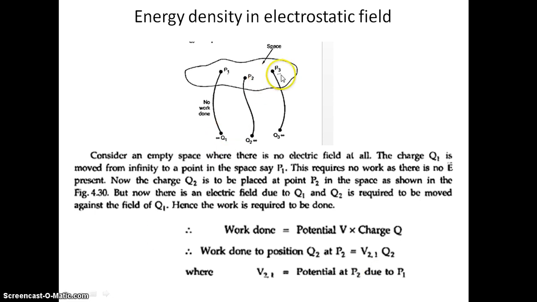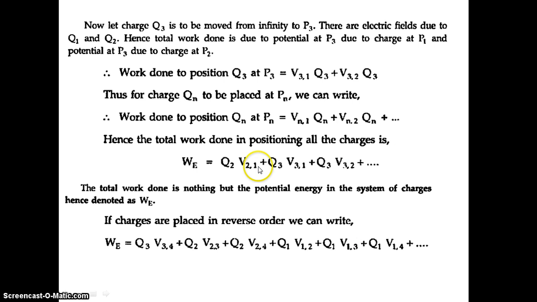Similarly, if you bring a third charge Q3 to the point P3, the work done to position Q3 at P3 will be equal to V31 Q3 plus V32 Q3.